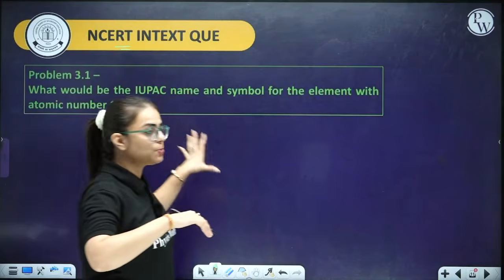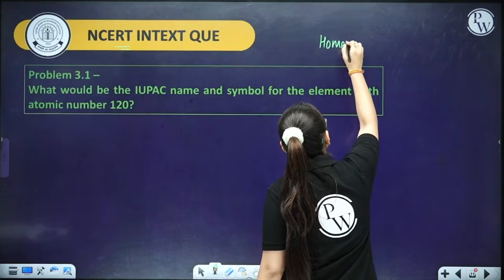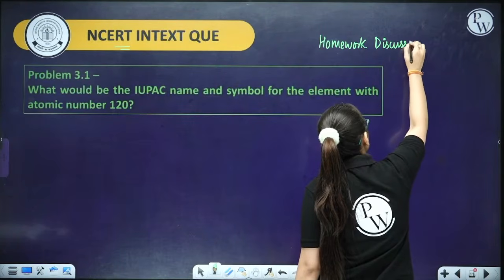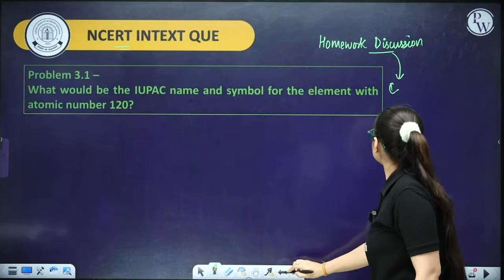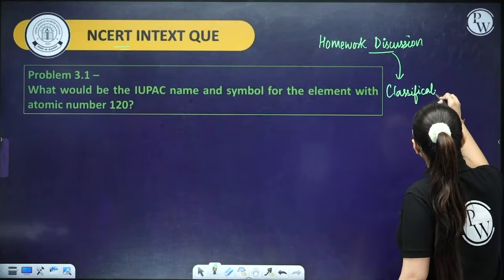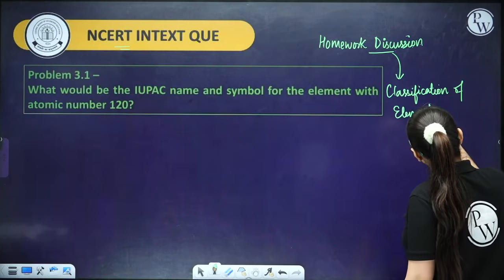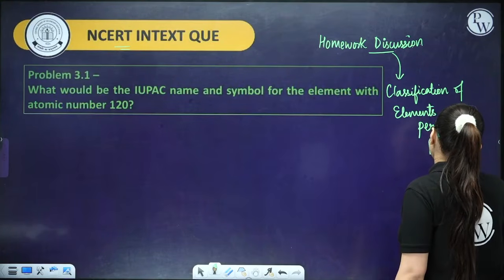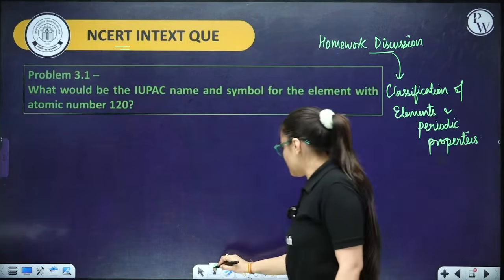From this page, we are going to start the homework discussion for the chapter classification of elements and periodic properties. Clear?